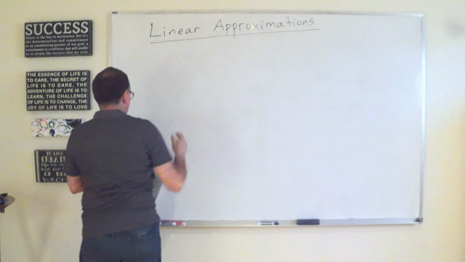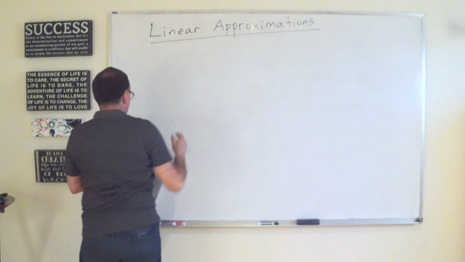So let me write it here. The graph y equals f of x is close to the tangent line y equals f of a plus f prime of a times x minus a.